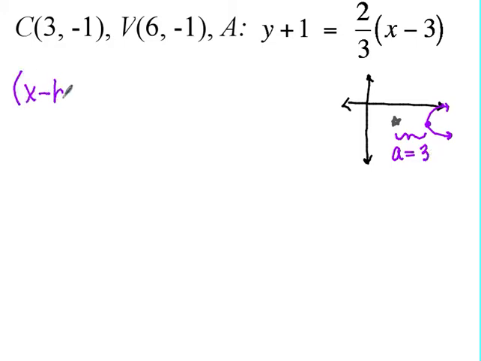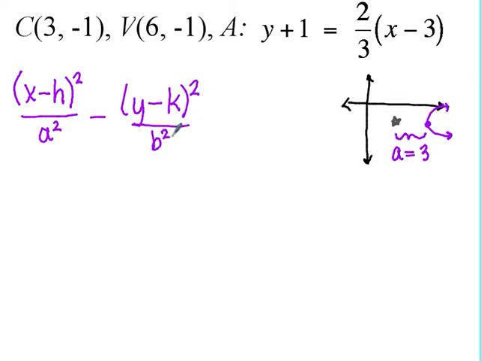X minus h squared over a squared minus y minus k squared over b squared, and that's going to equal 1. If I fill in what I know, h is 3, I know that k is -1. I know that a is 3 squared, so once again I need to find what b is.